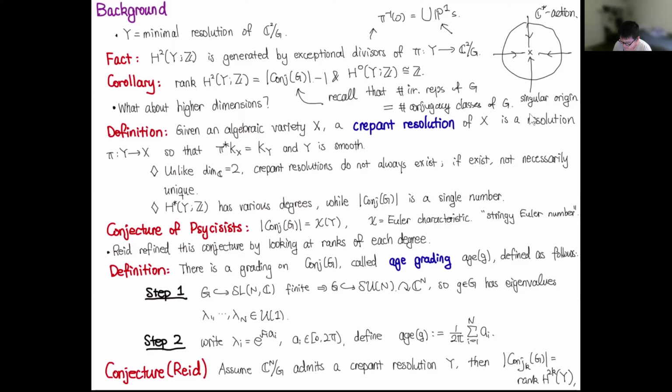A Crepant resolution is a resolution such that you don't introduce extra exceptional divisors that do not contribute to your canonical bundle. K_Y is the canonical bundle.